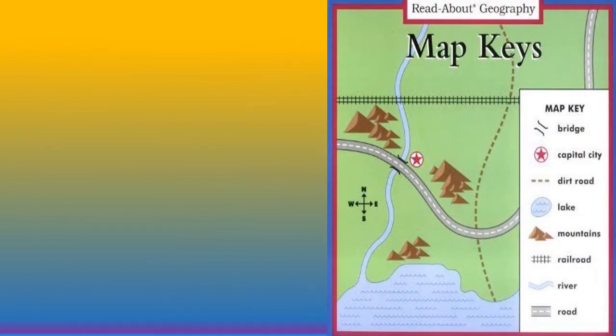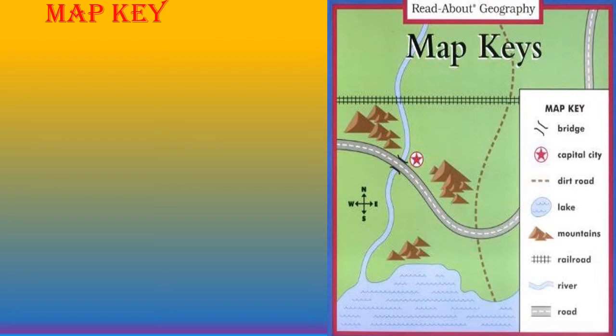So kids, as I have discussed earlier, every map has some common features on it, like scale, map keys and symbols. So what is a map key? A map key is included with a map to unlock it.